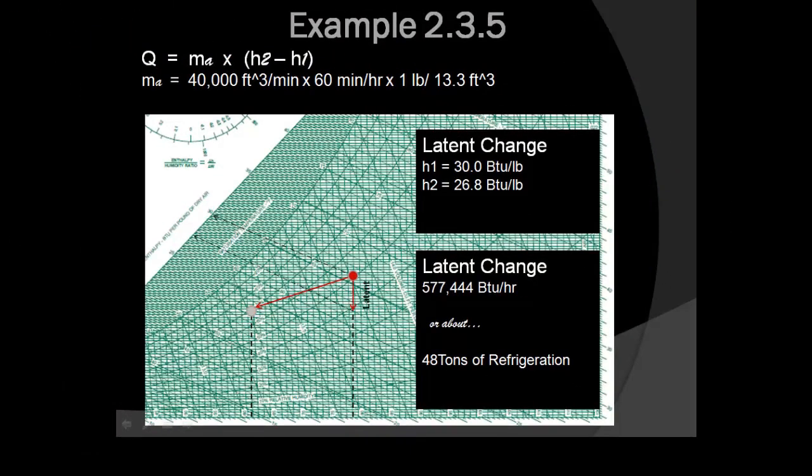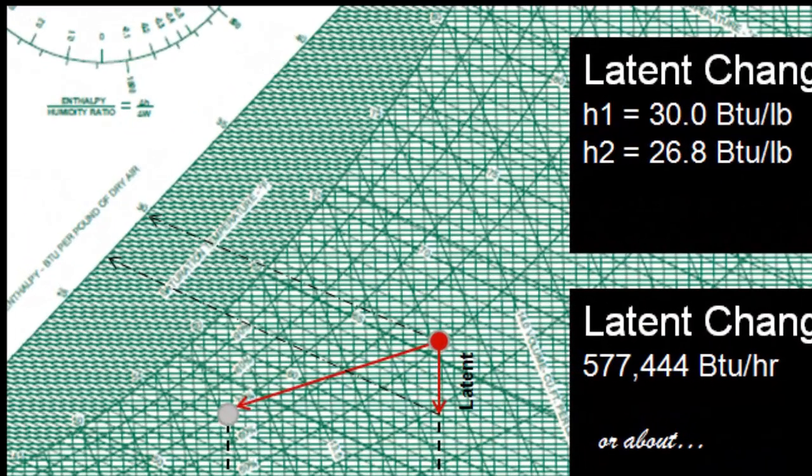Let's look at what the latent change is for this example. Using the enthalpy equation, we can determine the latent change by determining the change in enthalpy for the latent process. The entering condition is the same, 30 BTUs per pound, but the enthalpy for the latent process is shown here as 26.8 BTUs per pound in the leaving conditions.